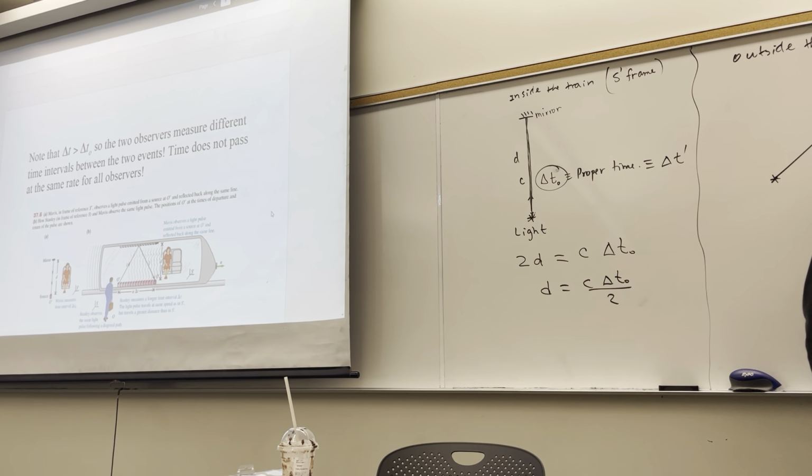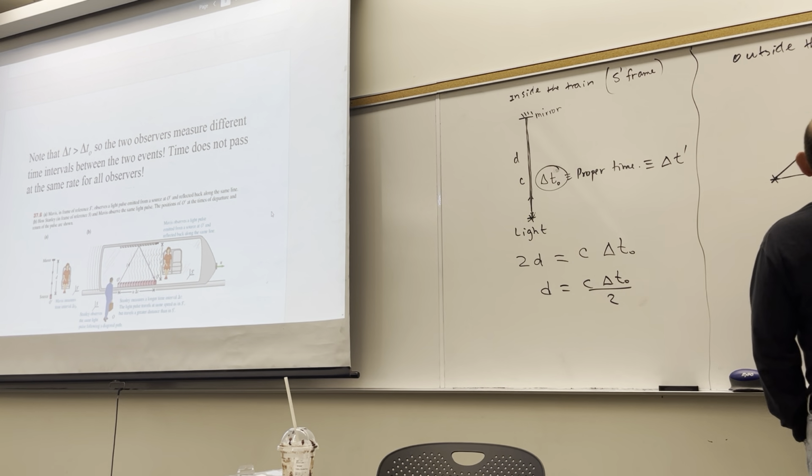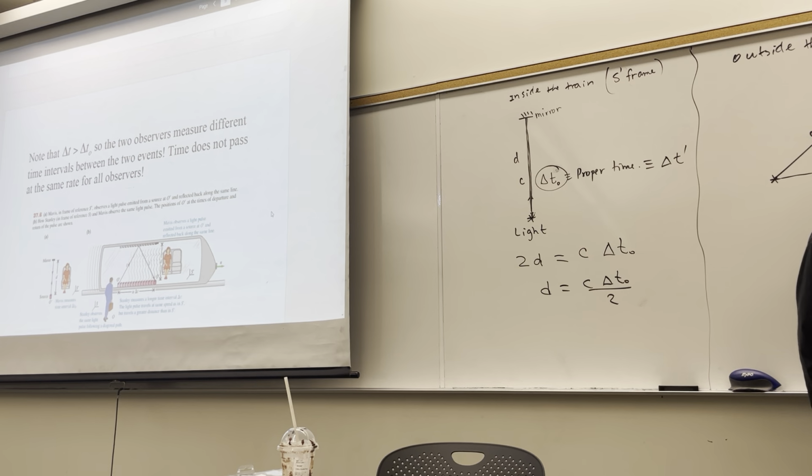So the light travels at speed c. This distance over here is d. The motion is along the x-axis, the common x prime axis, not along the y-axis, so this distance remains the same along the y-axis.